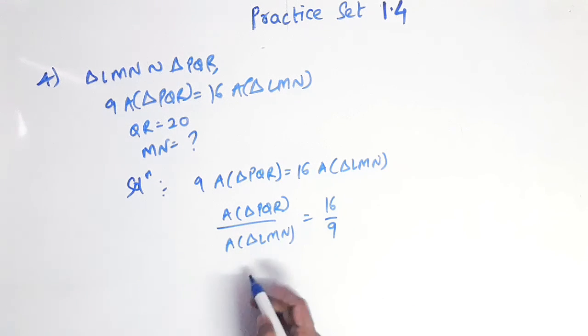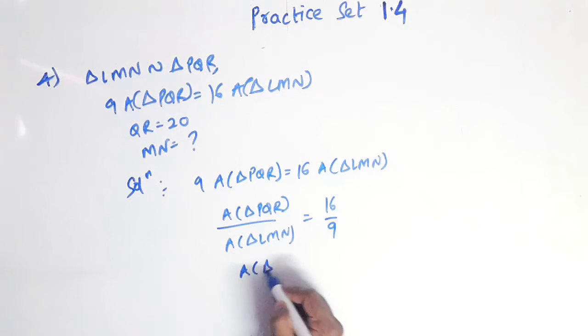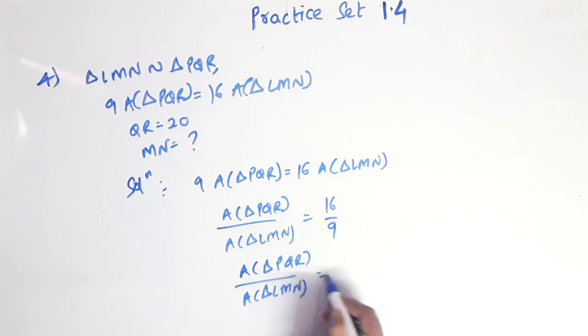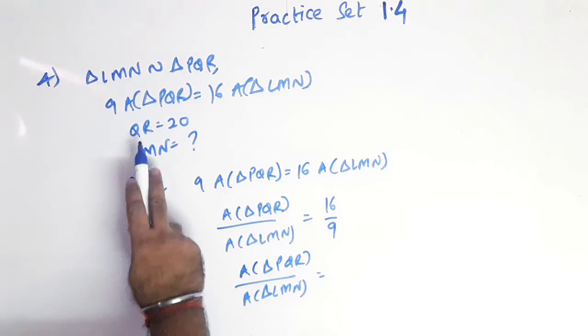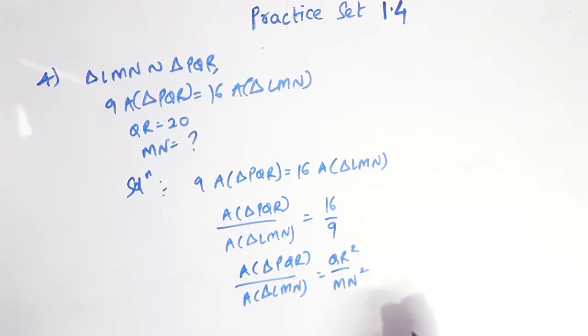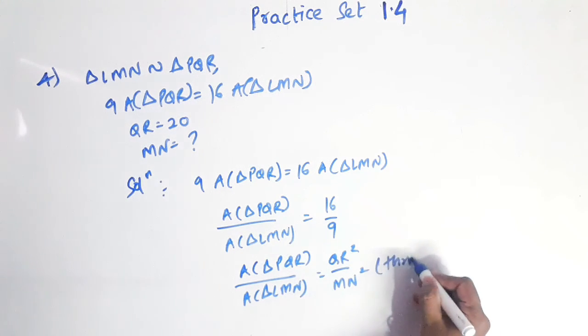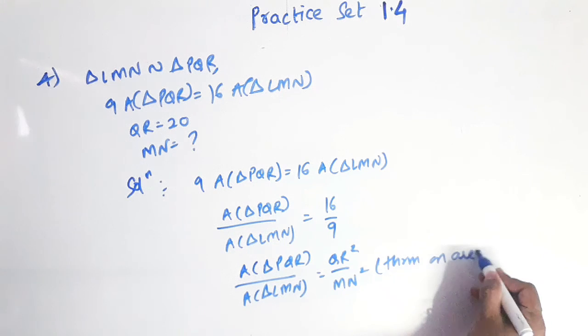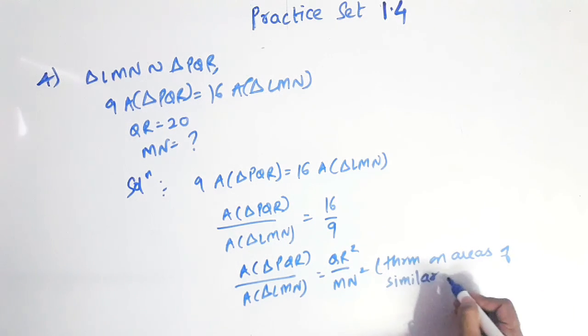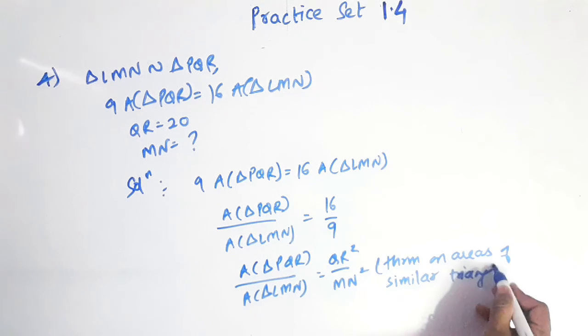Now we'll write area of triangle PQR upon area of triangle LMN equals, because we want to find QR, so I'll take QR square upon MN square. The reason is the theorem on areas of similar triangles.